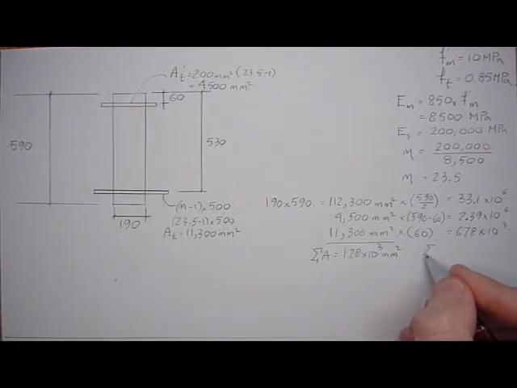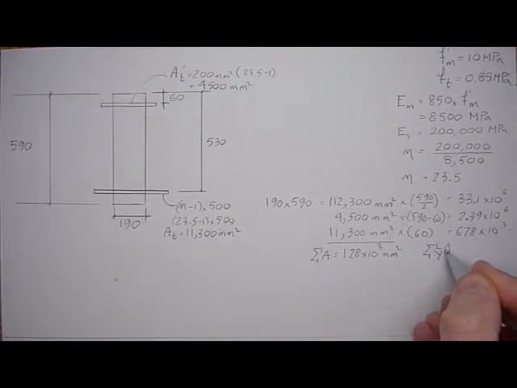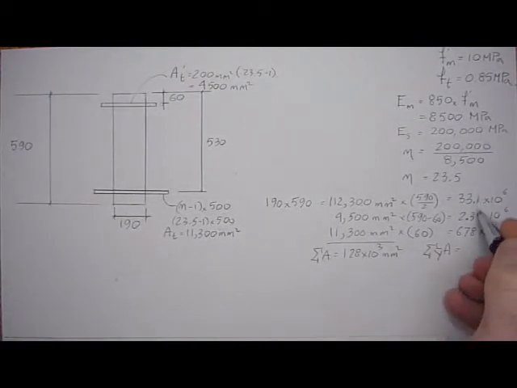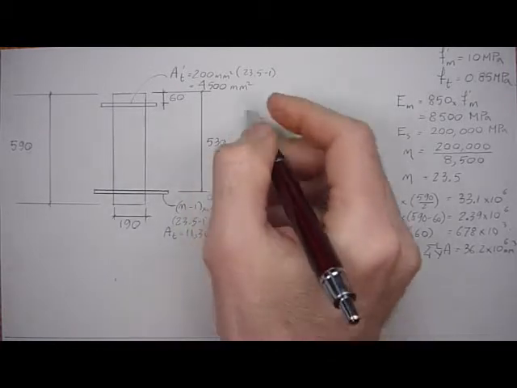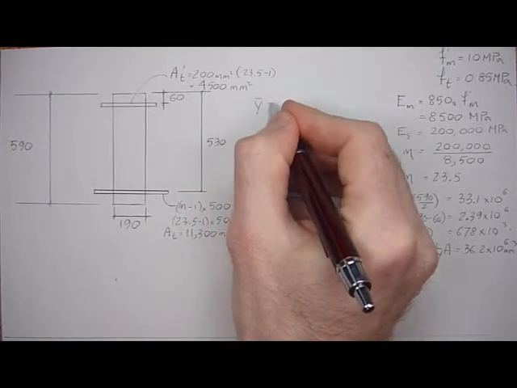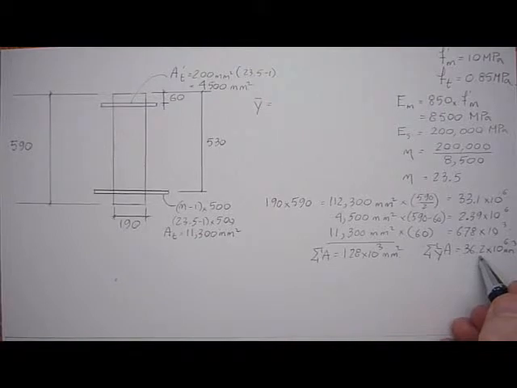And then the sum of the y bar areas: 33.1 e to the 6 plus 2.39 e to the 6 plus 678 e to the third, 36.2 e to the 6. And that's millimeters cubed.